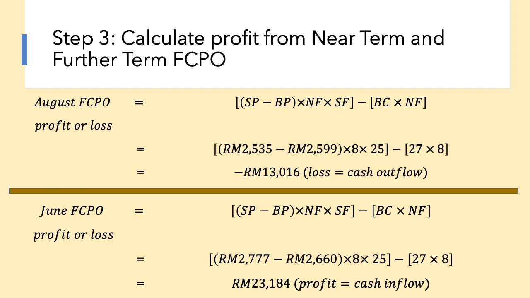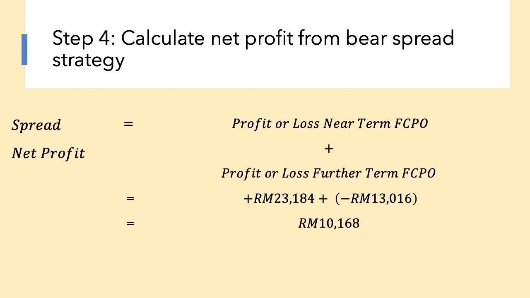So selling price and buying price for August and June contract, you need to refer to your spread table. Okay, so when you calculate the profit and loss for August FCPO, you get negative 13,016 ringgit. Negative means you make loss. Loss is cash outflow. For June FCPO contract, you get 23,184 positive. Positive is profit.